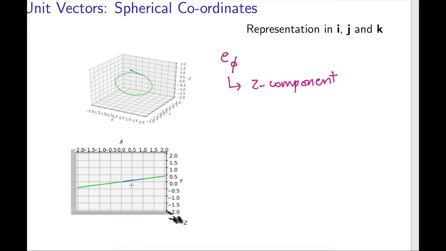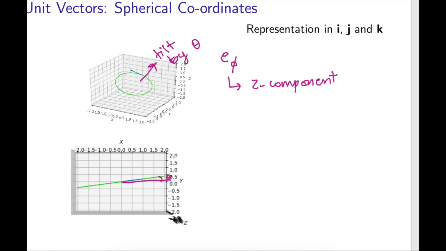If we see it from the top, we will see just one line, and if we see it from the front, this is my tilted ring. This tilt is by theta, because you see this is your theta here.